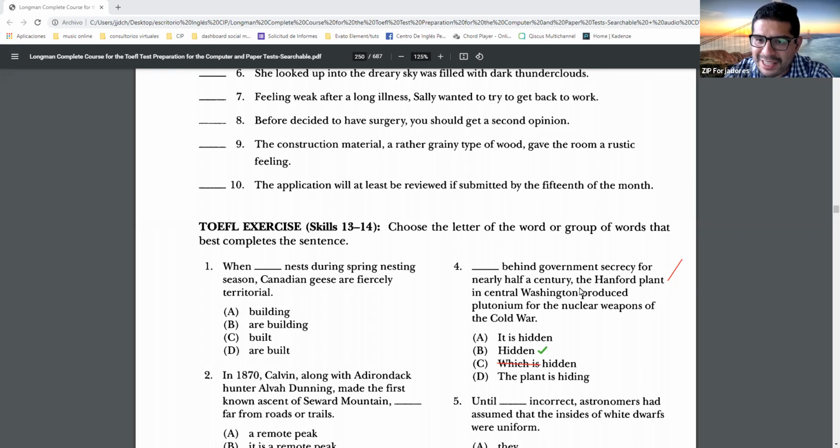In this case, for example, the Hanford plant, which is hidden behind government secrecy for nearly half a century. So you're not going to start with an adjective clause, except if the adjective clause is reduced.